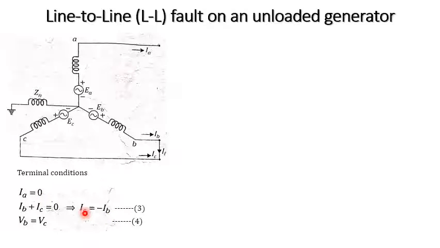So at least one of the phase currents is 0. But in equation 4, Vb is the same as Vc, and we don't know the condition for Va. That's why we are trying to calculate the symmetrical components of the current.